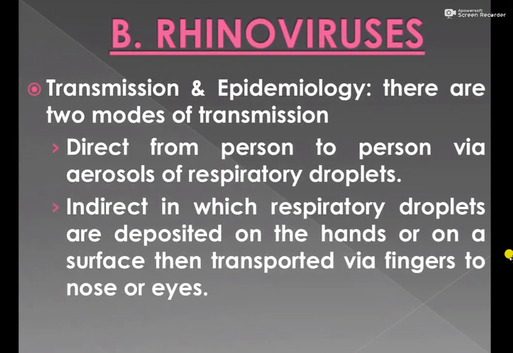Transmission: two modes of transmission. Direct, from person to person by sneezing, coughing, and respiratory droplets through aerosols. And it could also be indirect, which is more common. The respiratory droplets are deposited on the hands and surfaces, then transported via fingers to the nose and eyes, and transmitted to the human body, either directly from person to person or indirectly by virus present on the personal equipment of the infected person.